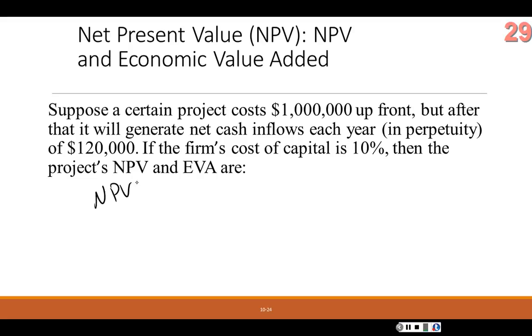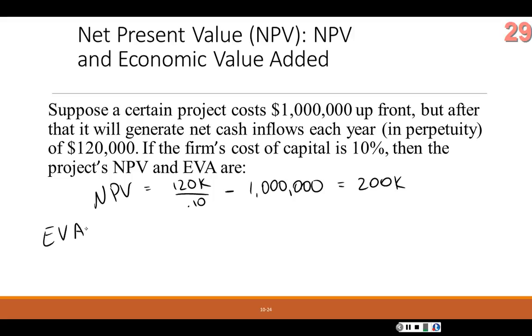Remember, NPV is the present value of cash inflows minus the cost. The present value of a perpetuity is its cash flow divided by the discount rate. And from this, we subtract the $1 million. So that gives us $1.2 million minus $1 million, so $200,000. You would accept the project.